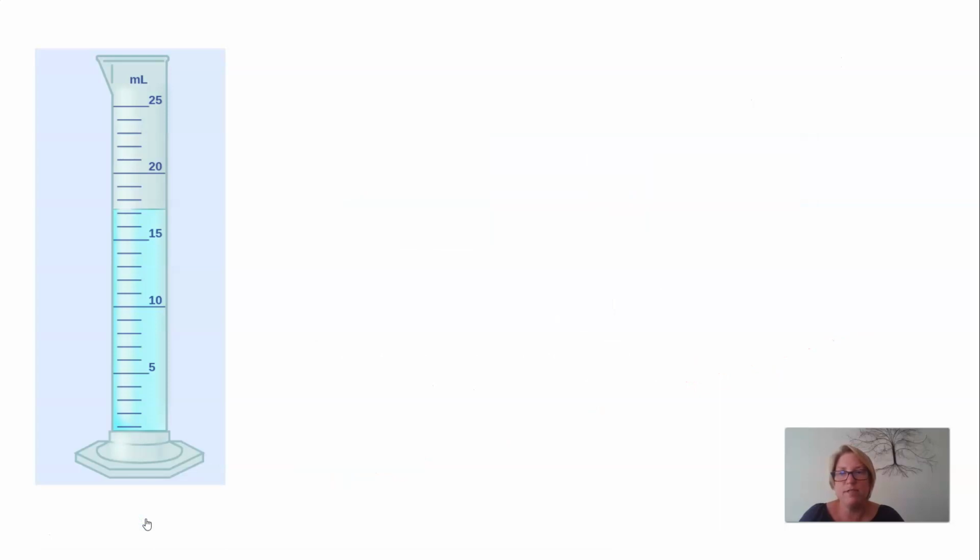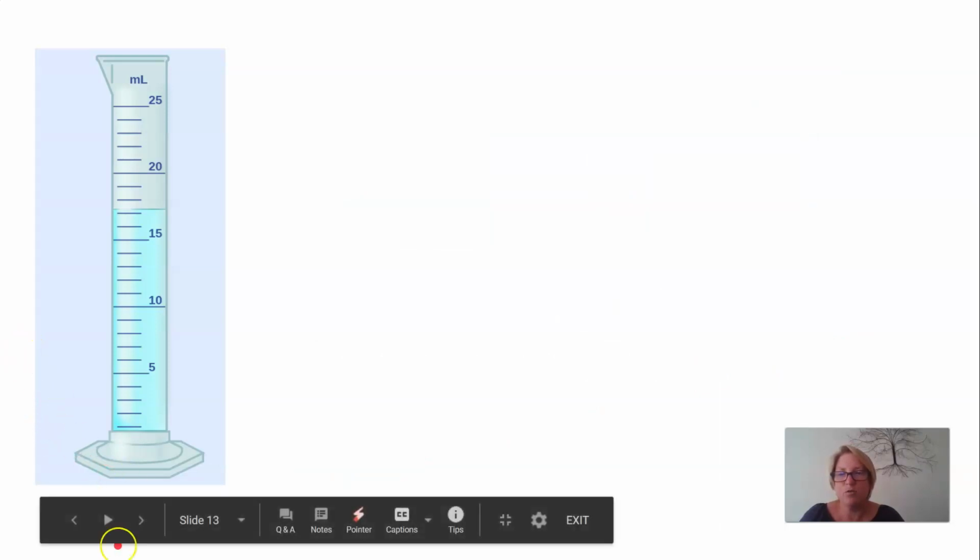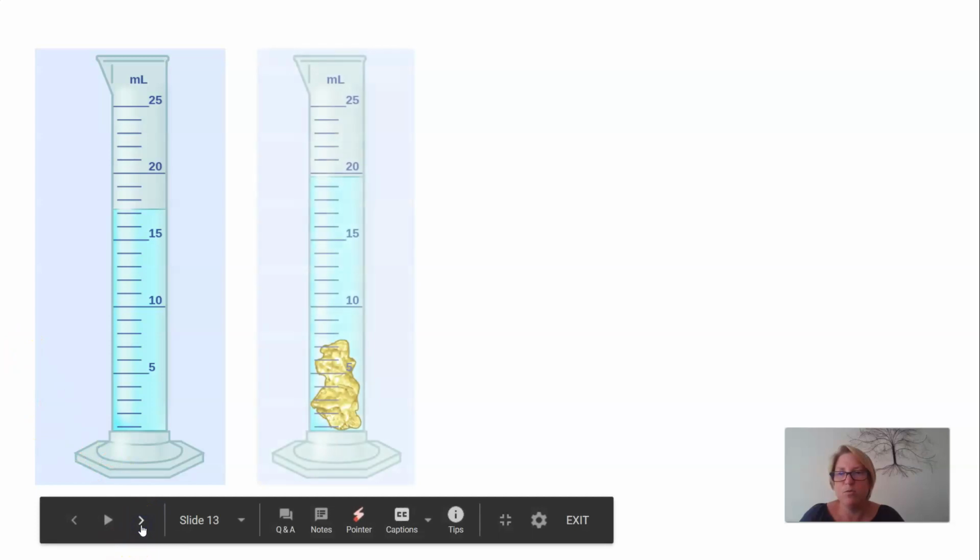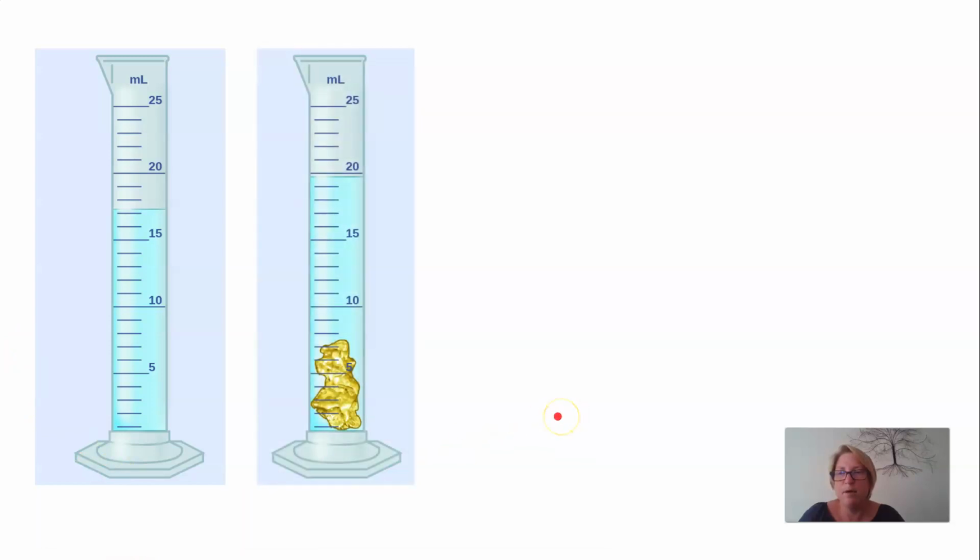So here we have a cylinder, and we have filled that cylinder with a certain amount of water. I think if we have a look, it will be about 17.1 mils. Then we're going to put our bit of yellowy, shiny substance inside it, and our water level goes up.